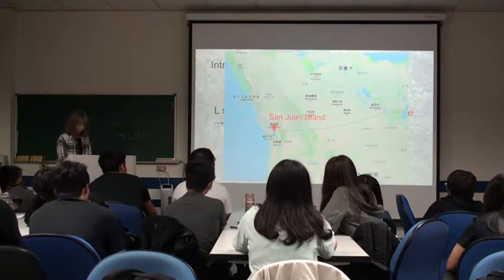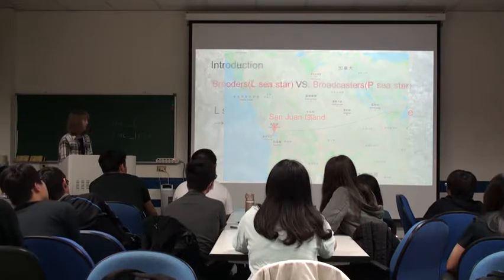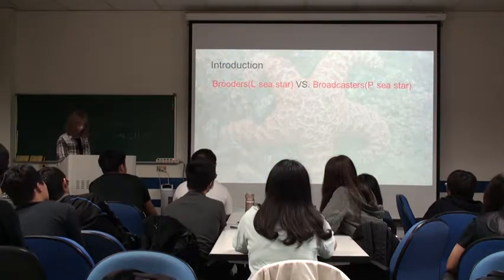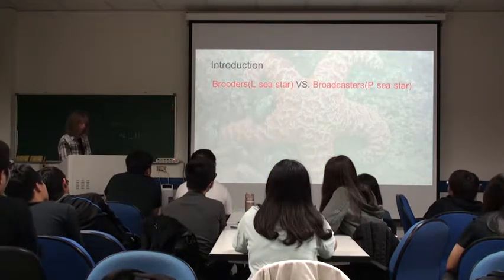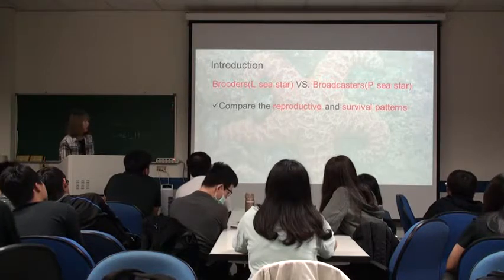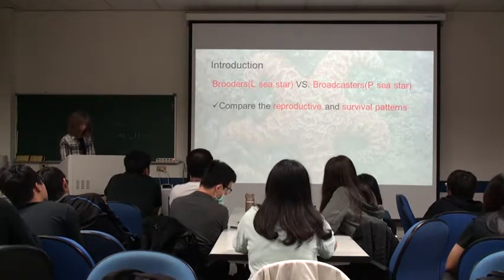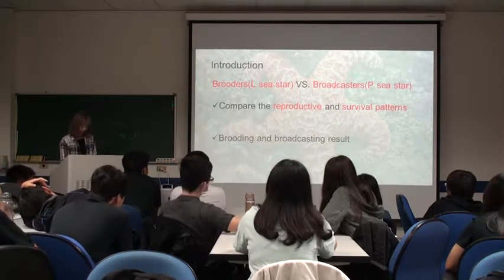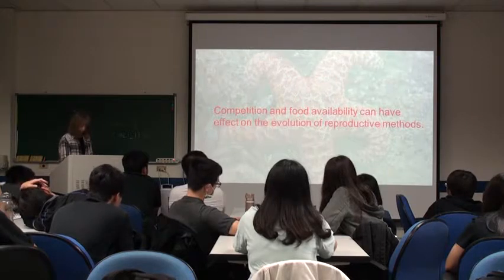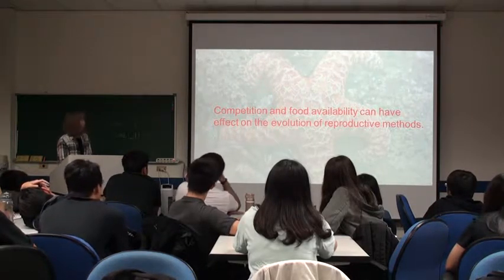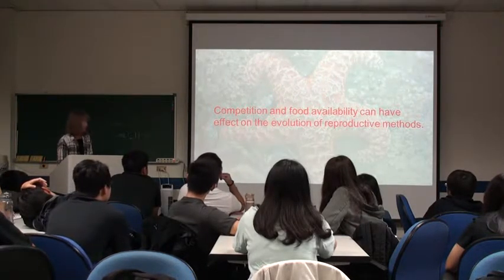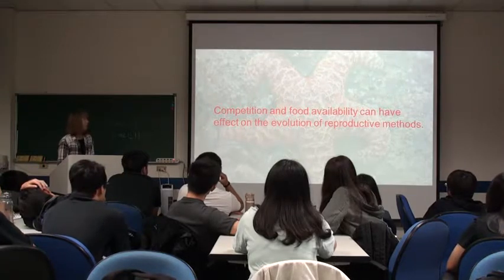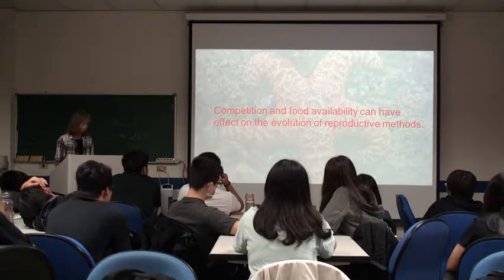This is where the research takes place. We use experiments to compare the reproductive and survival patterns, and we can get the results of brooding and broadcasting. So our study aims to show that competition and food availability can have effects on the evolution of reproductive methods.